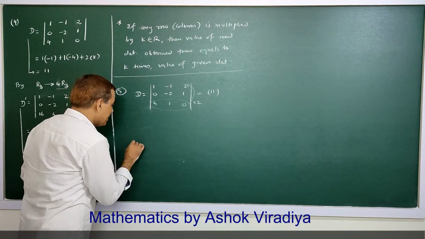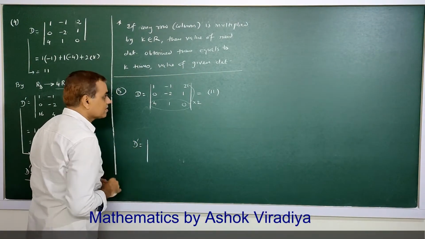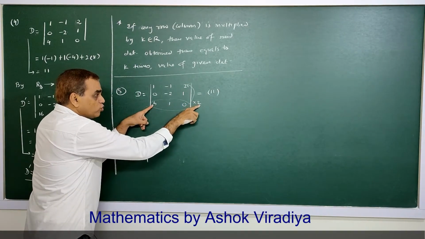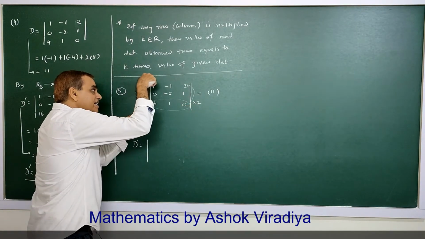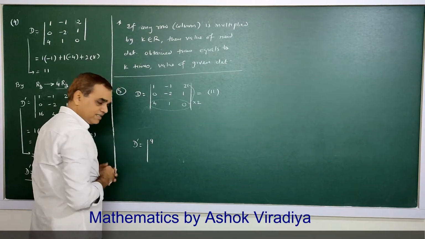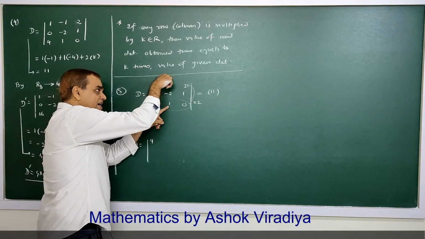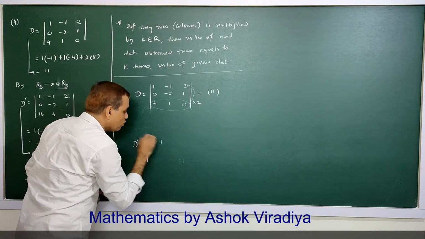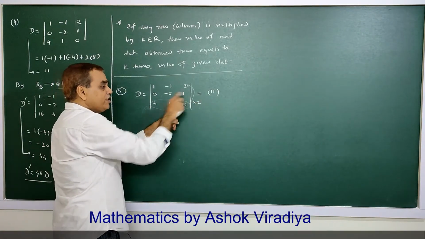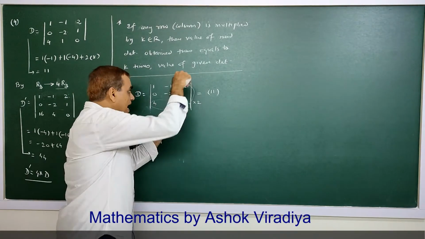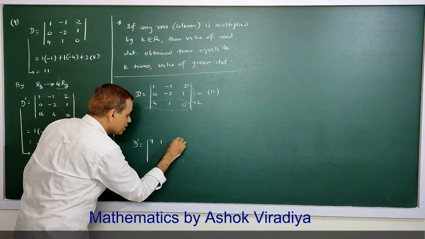So the new determinant is: 4 into 2 is 8, add here 1, so 8 plus 1 is 9. 1 into 2 is 2, add here minus 1, 2 minus 1 is 1. 0 into 2 is 0, add here 2, 2 plus 0 is 2.